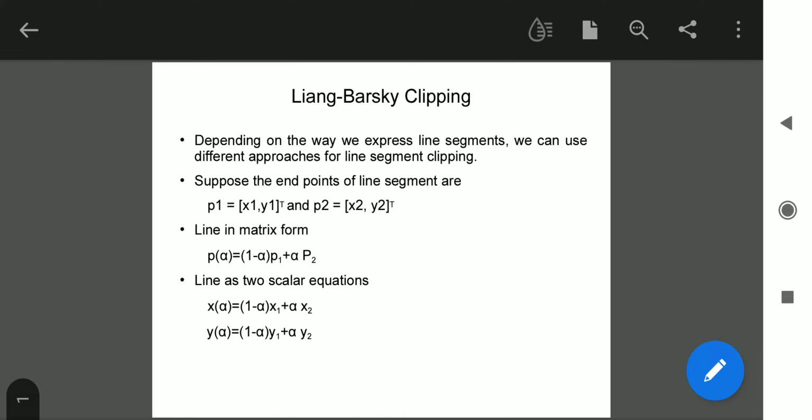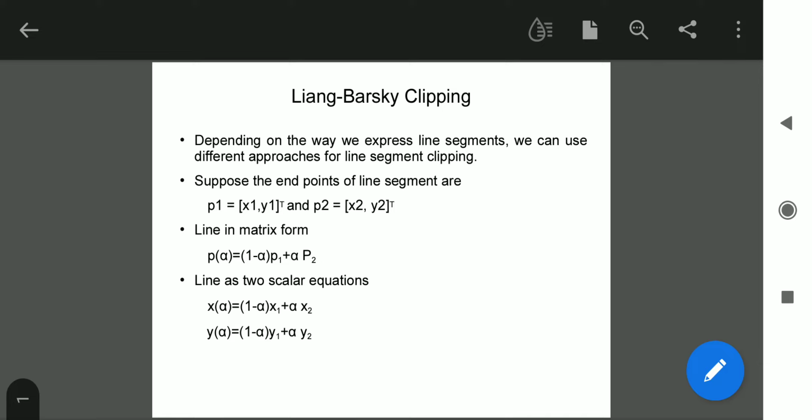In the same way, it is also possible to represent the line segment as two scalar equations, where the two scalar equations can be written as x of alpha equal to (1 minus alpha) into x1 plus alpha into x2, and the other scalar equation is y of alpha equal to (1 minus alpha) into y1 plus alpha into y2. These are the two representations of a line segment we can use in this line clipping algorithm, that is the Liang-Barsky line clipping algorithm.